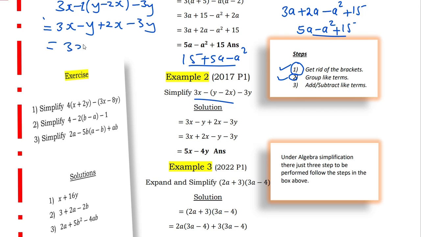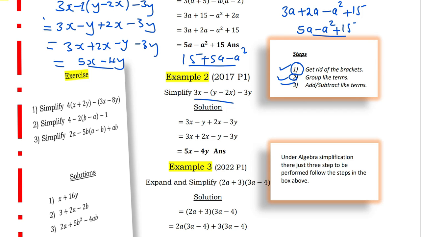That will be 3x plus 2x minus y minus 3y. So what is 3x plus 2x? That is 5x, and then minus y minus 3y is minus 4y. This is how we got this answer. Step number 3, subtract or add, is what I've just done here.